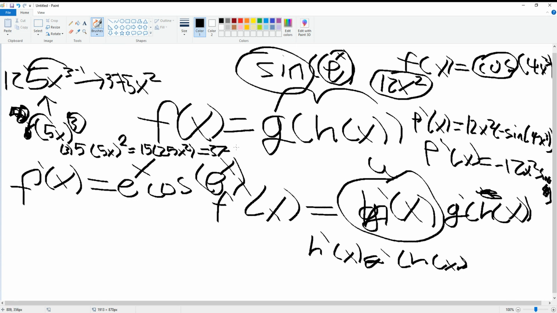So really, all these videos I've shown, the power rule, product rule, chain rule, they all do the same thing and will always give you the same result. The difference is the case you have of the function. If you have a nested function like this, you want to use the chain rule.